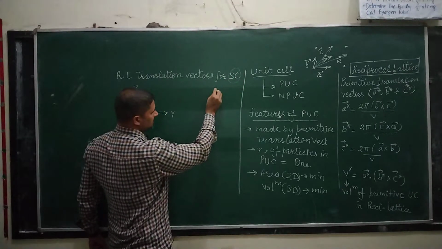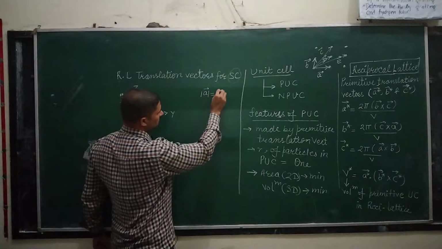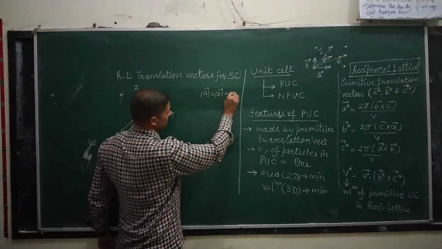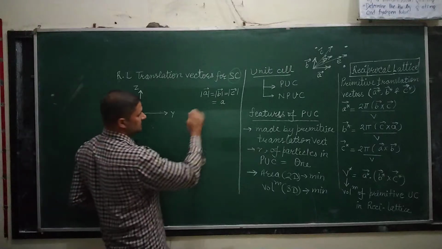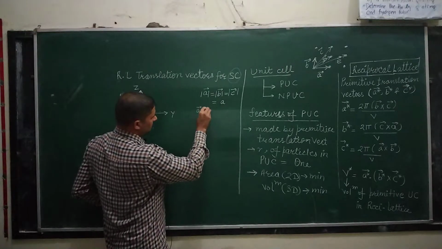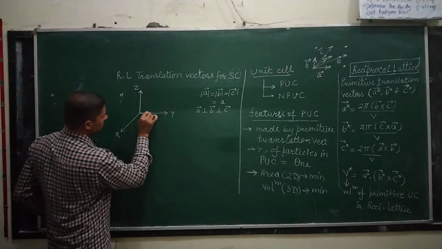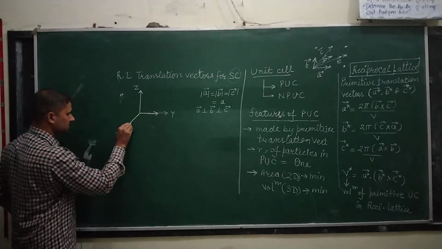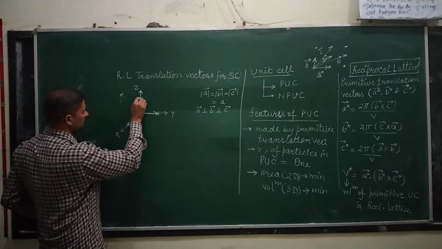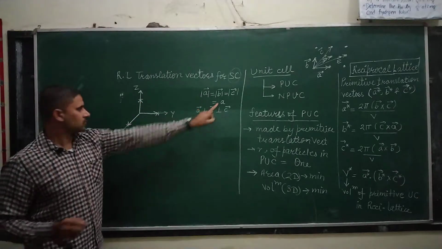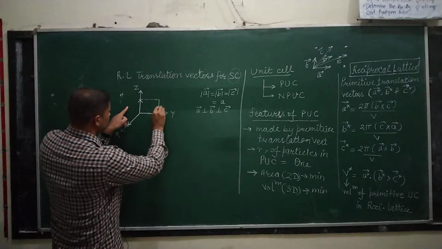In simple cubic, the side vectors A, B and C have equal magnitude, let me assume equal to A. These are orthogonal to each other: vector A is perpendicular to B and perpendicular to C. These are the primitive vectors, and they are of size A. If you form a simple cubic here, it will look like this.